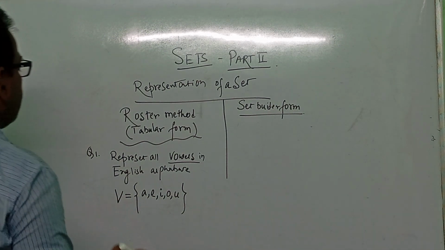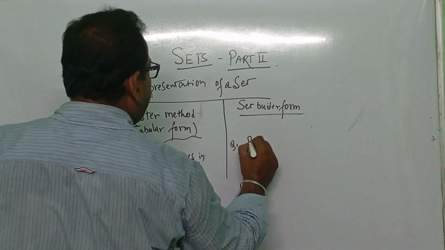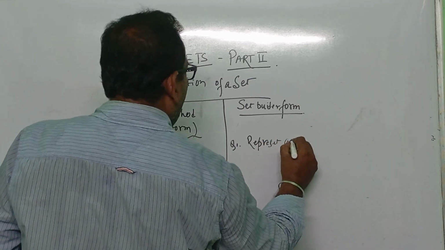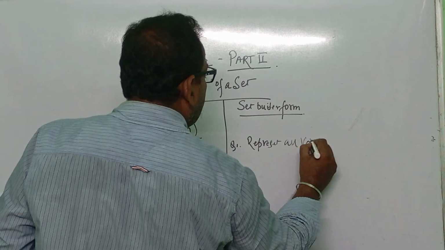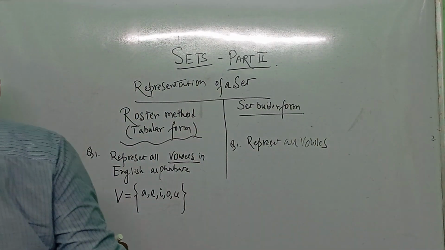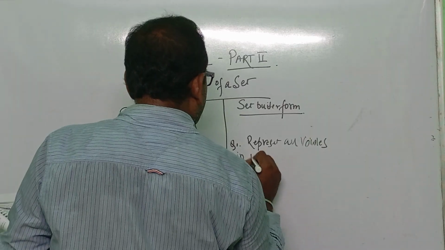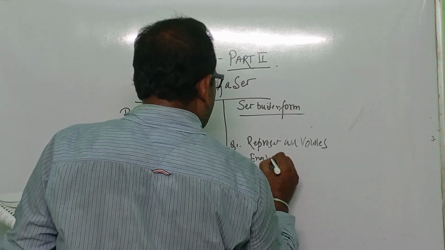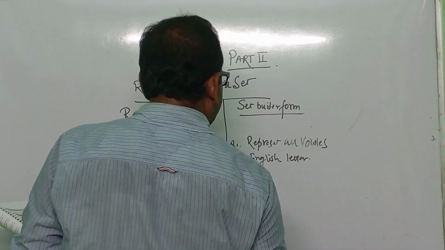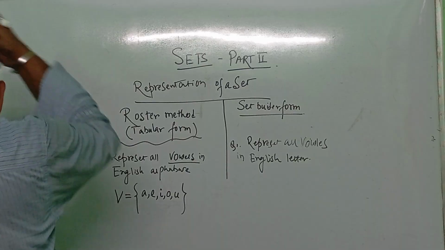Now the same question, if they give it over here: represent all vowels in English letters, then how do we represent that?